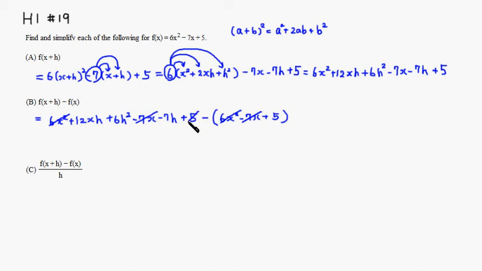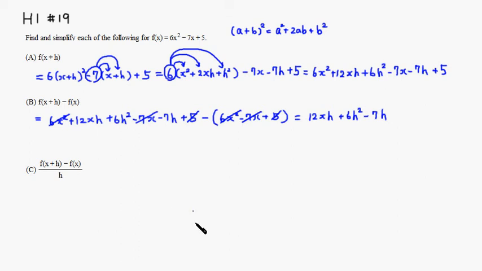And there's a 5 minus 5. So they all cancel out. So what's left is 12xh plus 6h squared minus 7h. So those are the terms left.